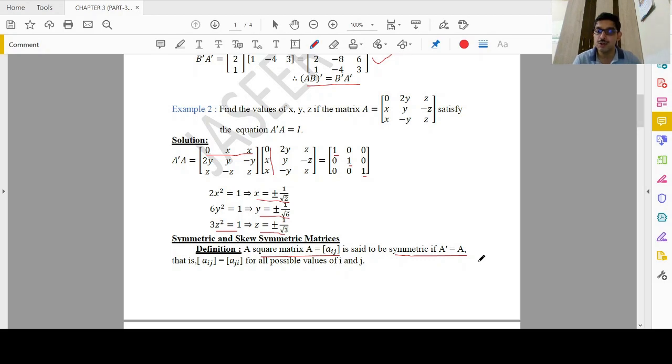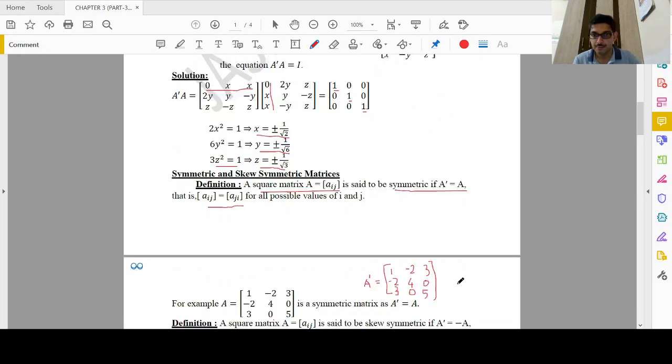Such a matrix is known as a symmetric matrix. That is aij equal to aji for all possible values of i and j.